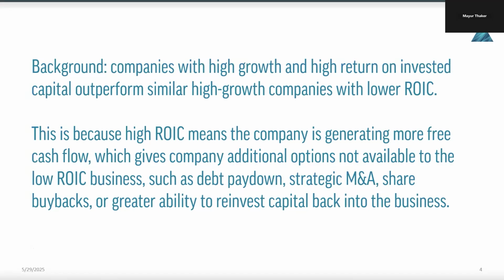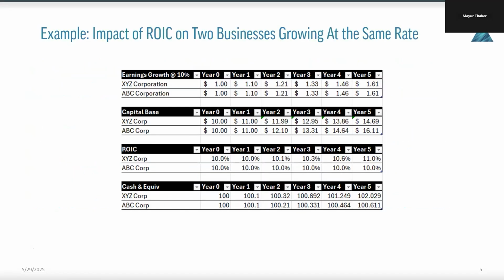So to give you a very simple example, let's say there are two hypothetical companies, XYZ Corporation and ABC Corporation. On this table at the very top, you'll see that both companies start from a base of $1 per share at year zero, and let's assume that both companies grow at 10% per year.